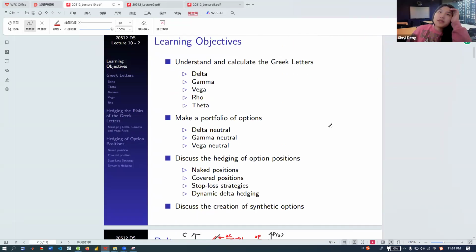Now, let me describe the learning objectives. The learning objectives are that we are going to understand and calculate the Greek letters. Today we're going to discuss 5 Greek letters: delta, gamma, vega, rho, and theta.